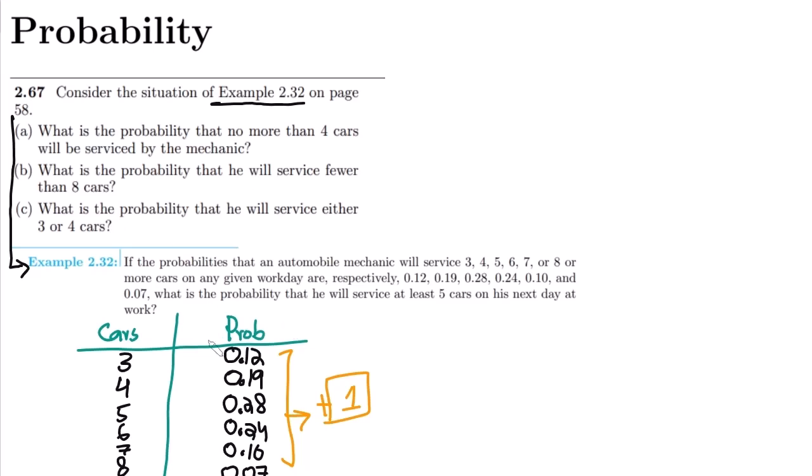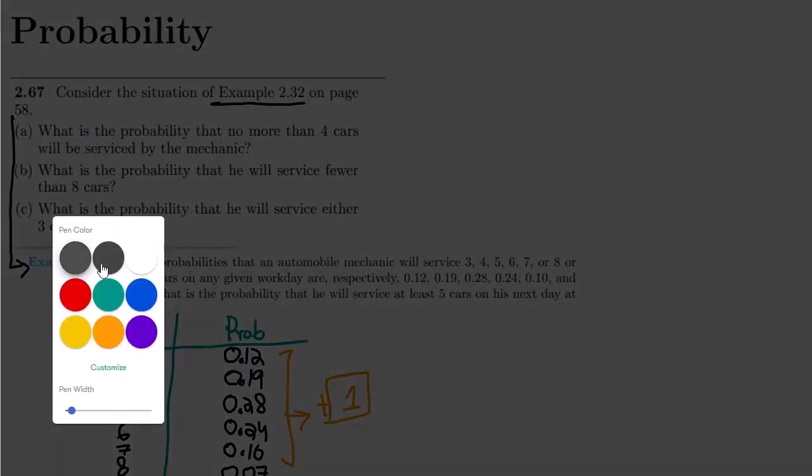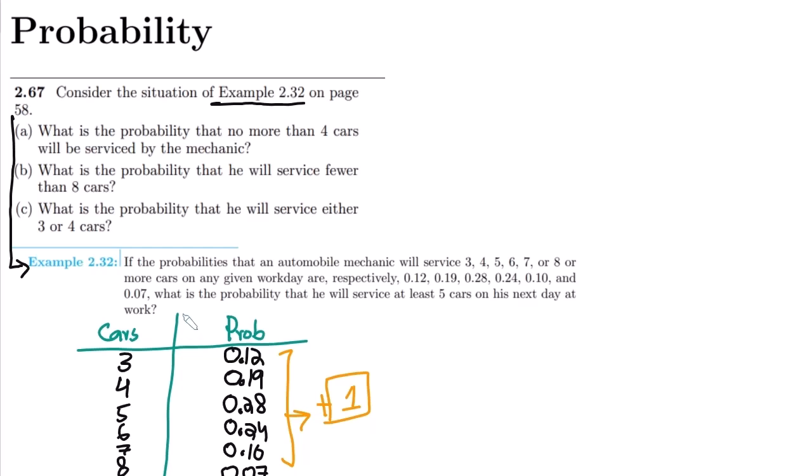Okay, so on the basis of it, what do I have to find out here? That is the question or example here. So let me first find the solution of this example, and let me tell you what is inherent in it. So what is the probability that he will serve at least 5 cars on his next day at work?